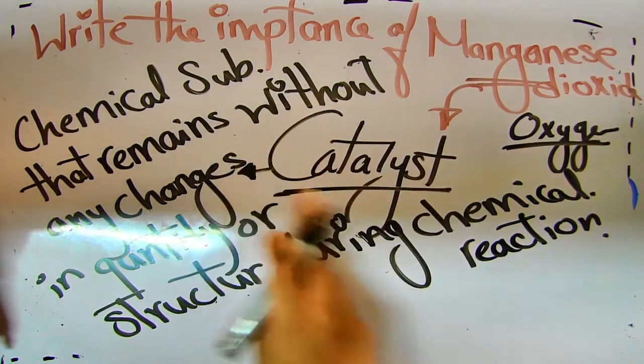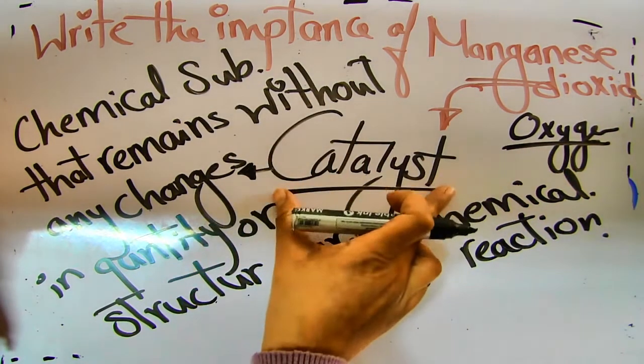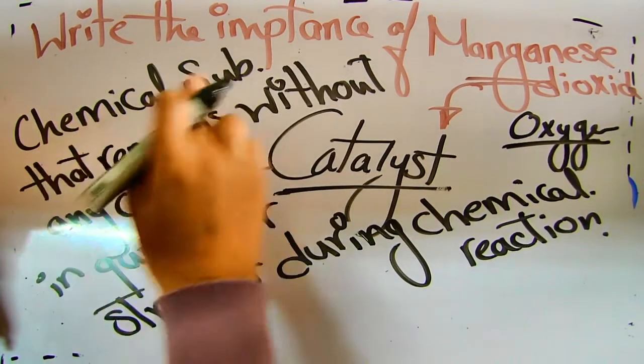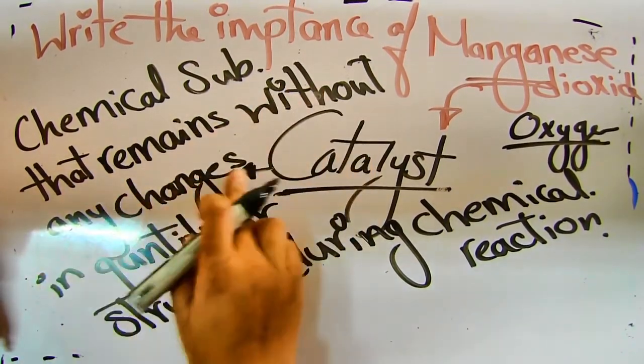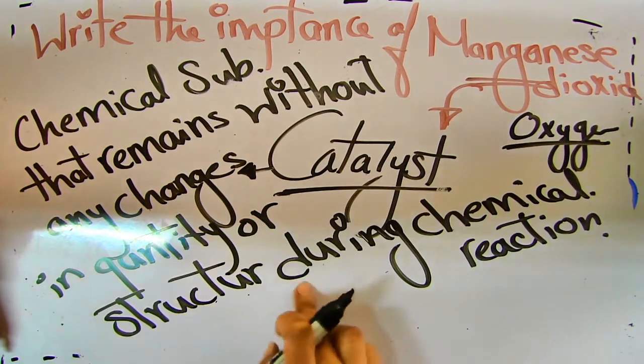The definition of catalyst: a chemical substance that remains without any changes in quantity or structure during a chemical reaction.